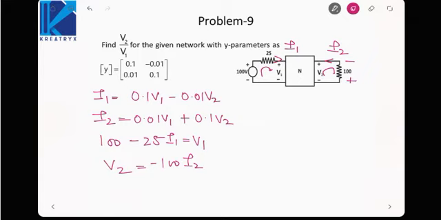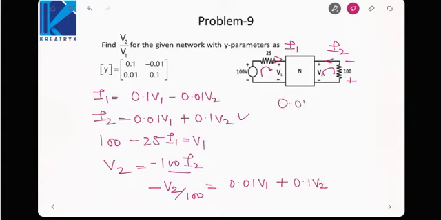Okay. Now if you see, if we substitute the I2 value in this equation, since we need to find V2 by V1. So I2 is minus V2 by 100 is equal to 0.01 V1 plus 0.1 V2.